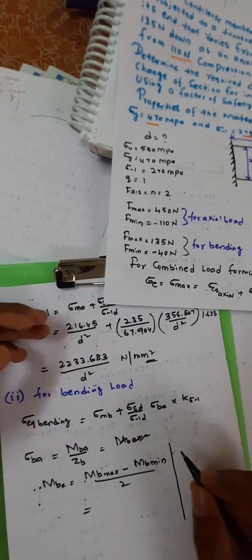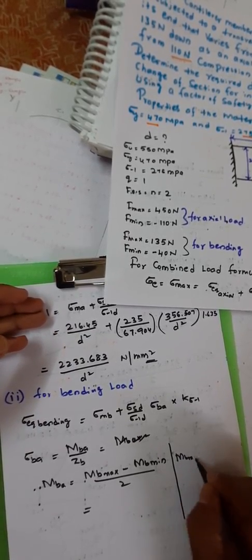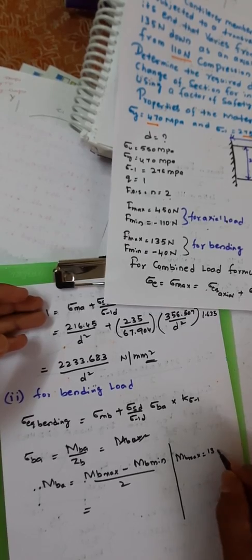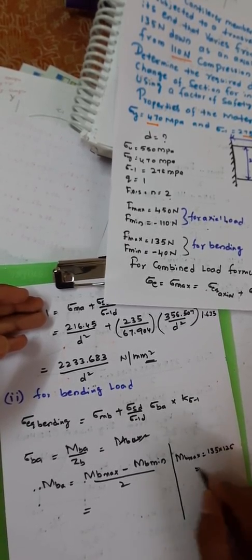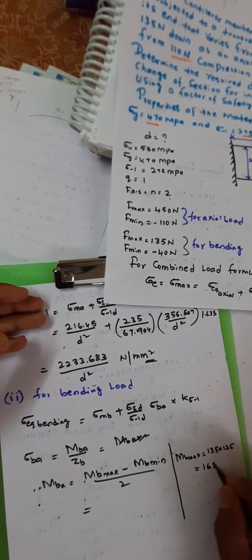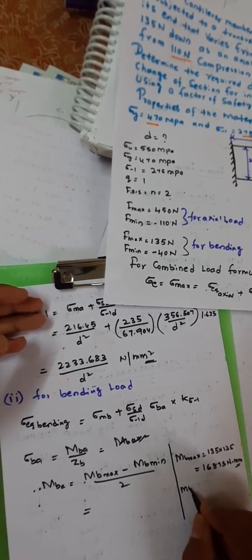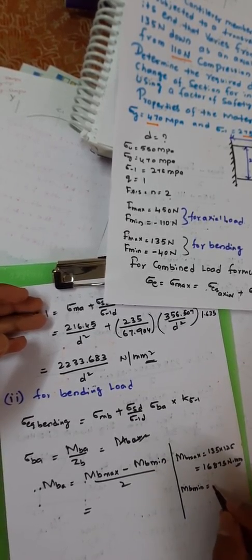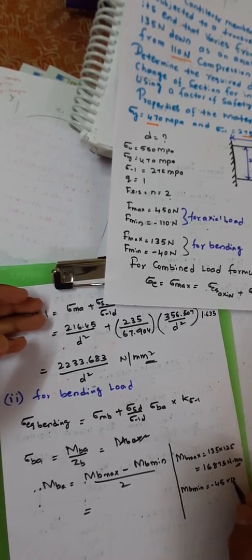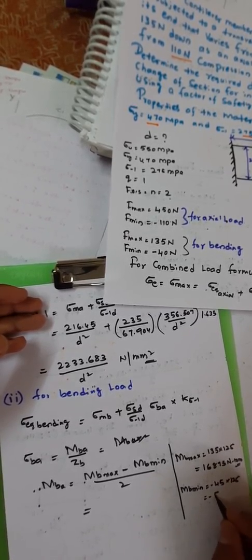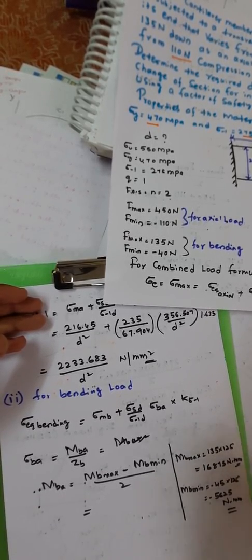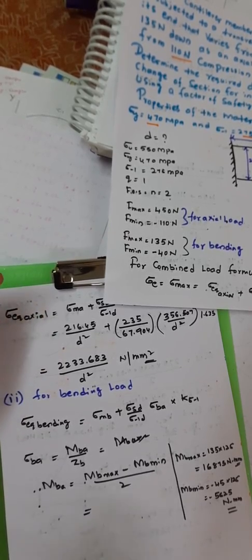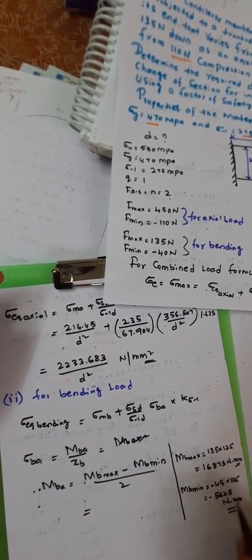Now if you substitute the values, mb max is equal to 135 into 125, you will get 16875 Newton mm. mb minimum is equal to minus 45 into 125, you will get minus 5625 Newton mm.